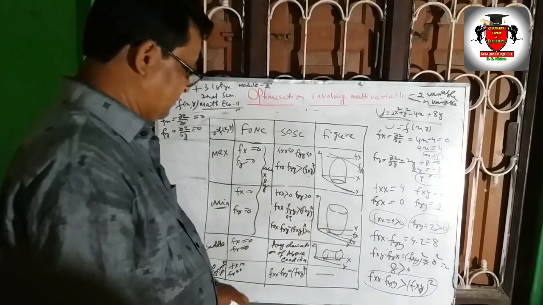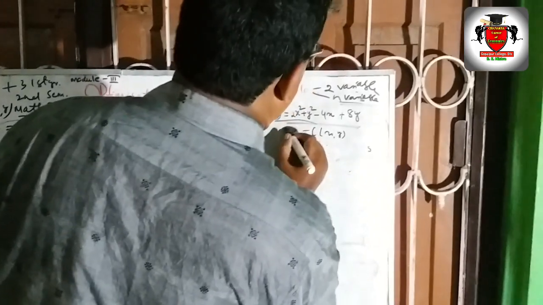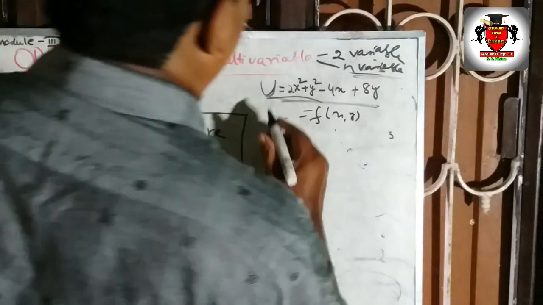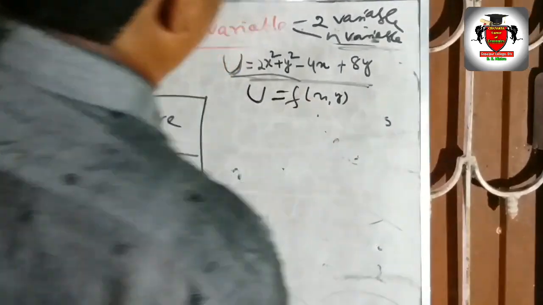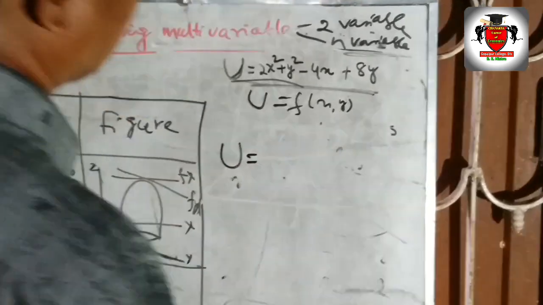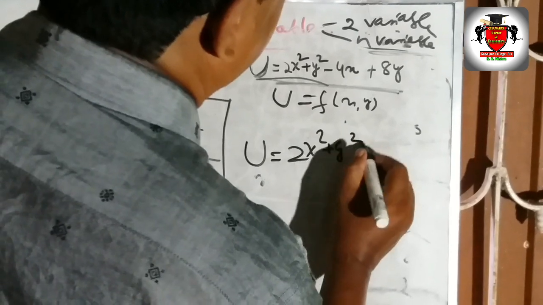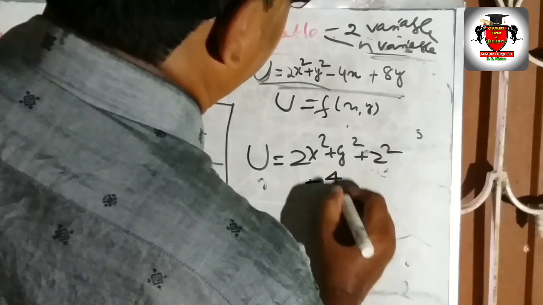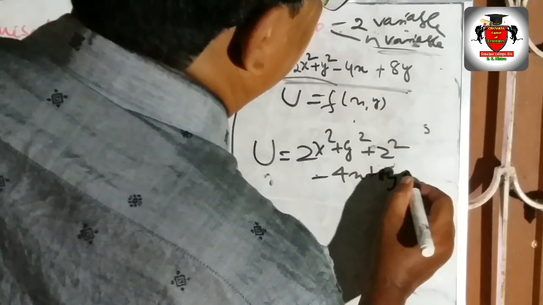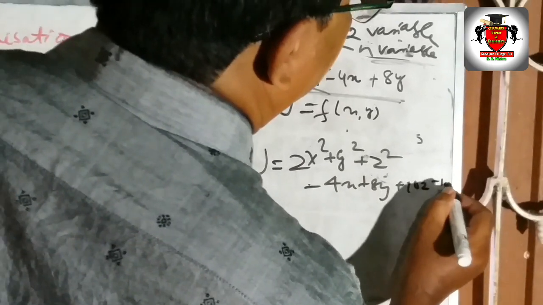Now several examples have been given in this book, but the pertinent question is this. I have solved a problem here by taking u as a function of x, y, z. But what happens if the example is like this: u equals 2x squared plus y squared plus z squared minus 4x plus 8y plus 10z minus 100?